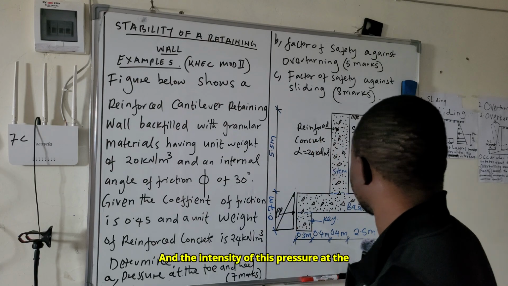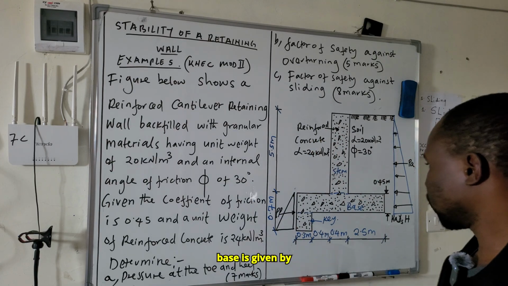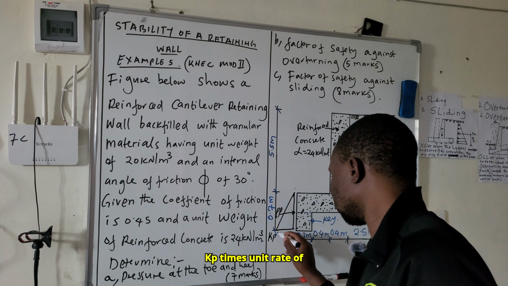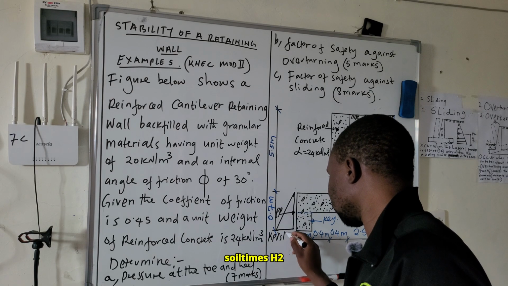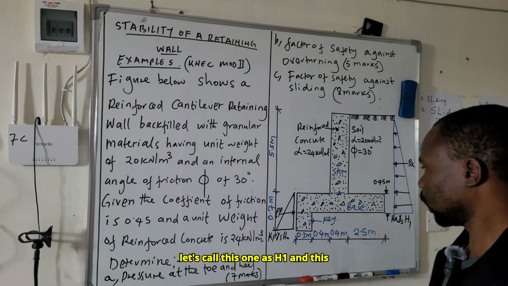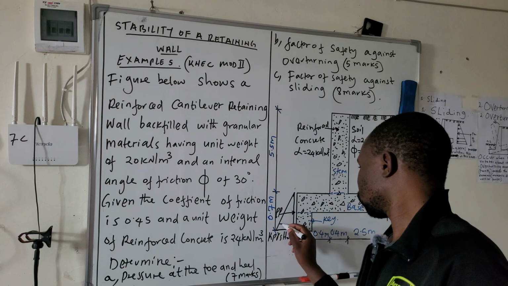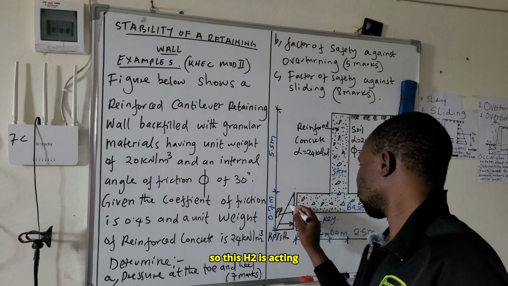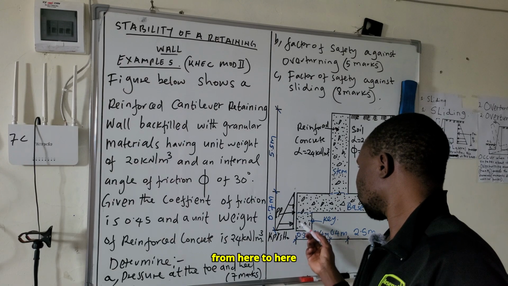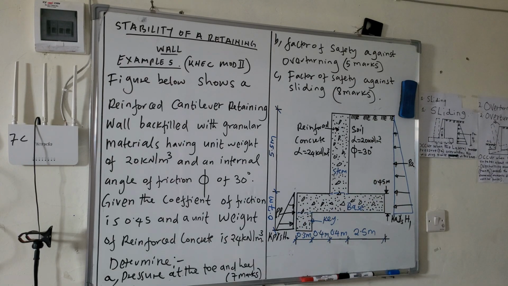And the intensity of this pressure at the base is given by Kp times unit weight of soil times H2. Let's call this one H1 and this one H2. So this H2 is acting from here to here. So that is our pressure diagram.